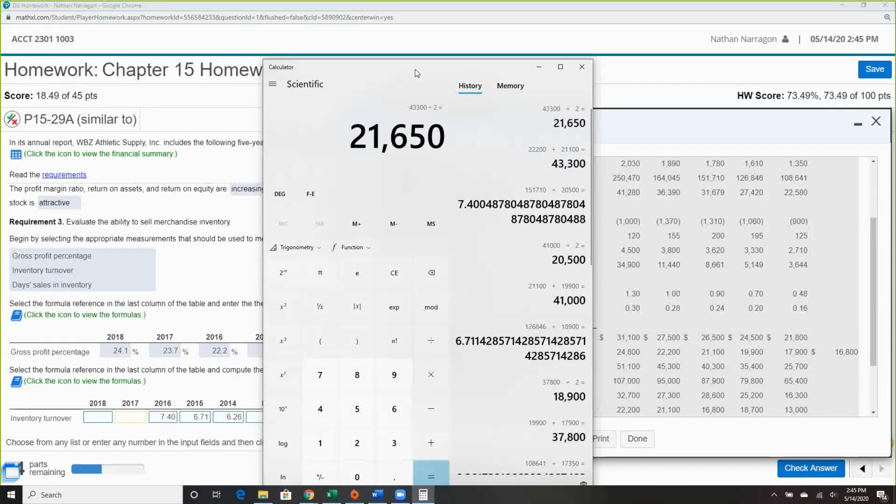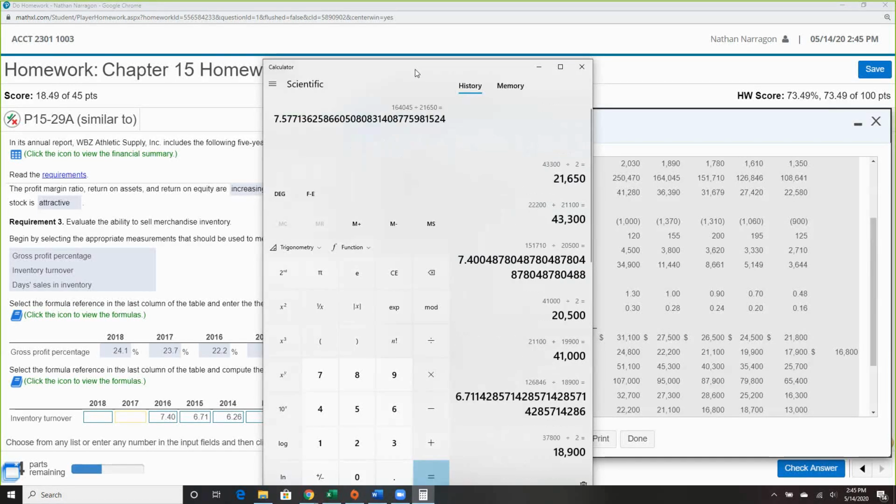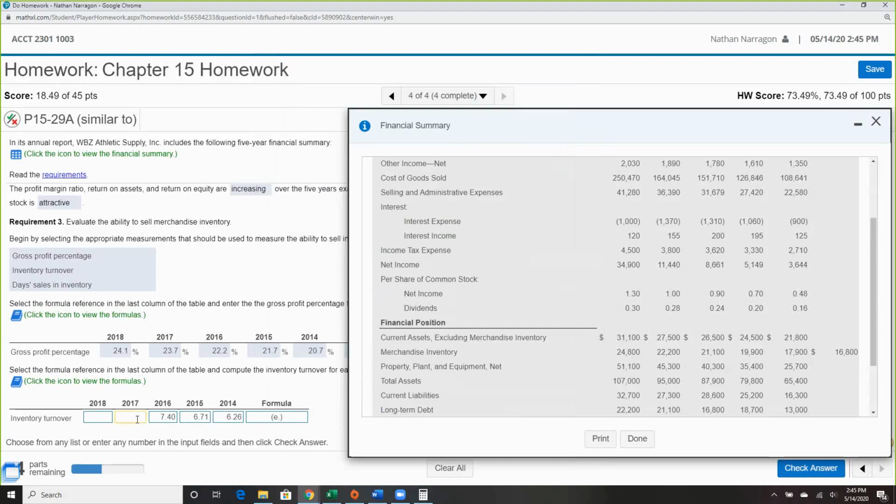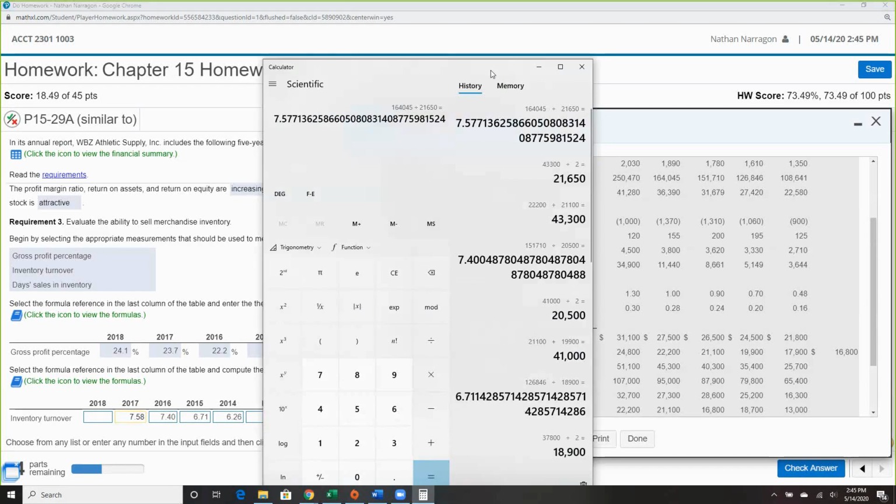Then we take the cost of goods sold and divide into the average. So we're looking at 7.58. And then last year's, so 18.